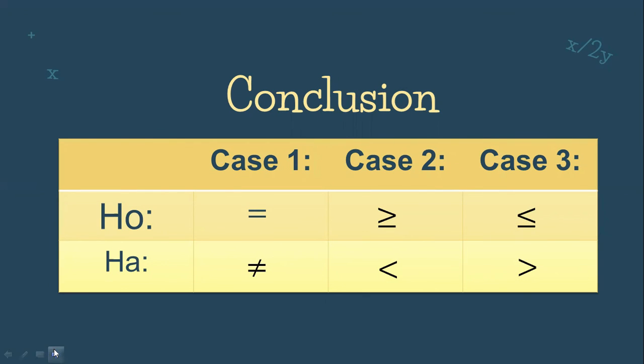So as you can see, sa symbolic notation po ng null and alternative hypothesis, ito po yung gagamitin natin sa equality and inequality symbols. And ito po yung mga magkaka-partners, para hindi na po malito sa exam. Huwag na pong mag-isip ng kung ano-ano, basta po kapag ang isa less than, yung isa po greater than or equal. At kapag yung isa naman po ay greater than, yung isa po less than or equal. At kapag yung isa naman po is unequal, yung isa po equal.